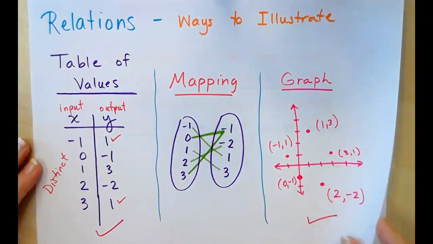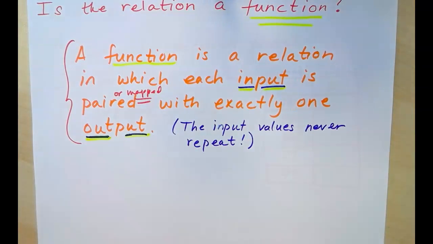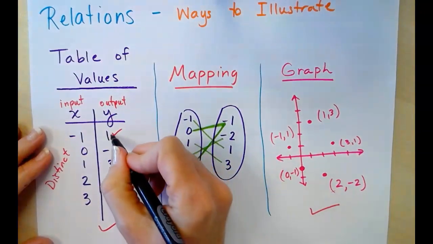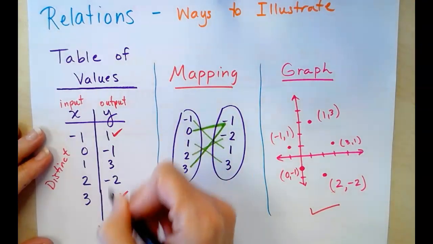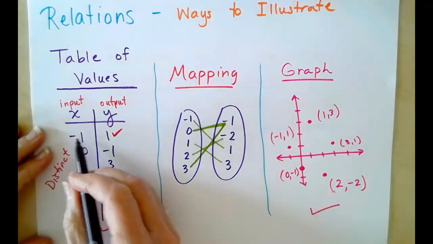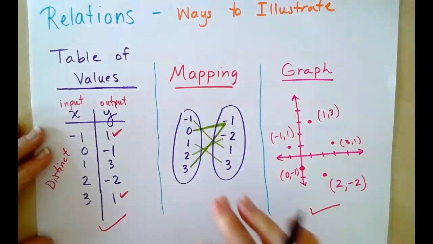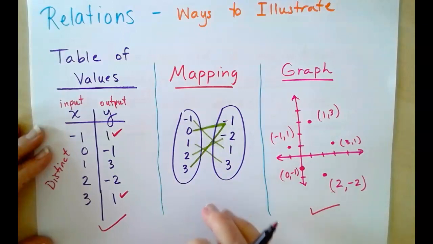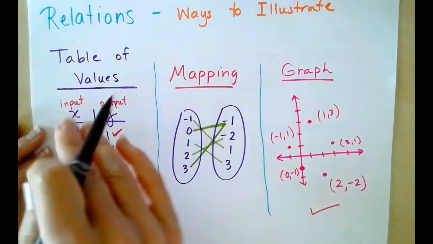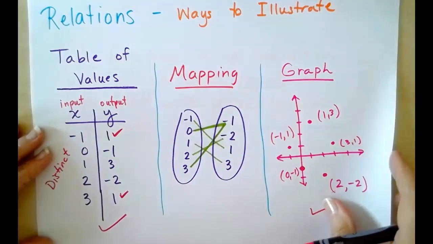So, if we look at the definition one more time, a function is a relation in which each input is paired with exactly one output. So even though the output value 1 is repetitive, it doesn't matter because each x value is only mapping to exactly one output. So yes, this mapping is a function. This mapping, this table of values, this graph, they all represent a function.